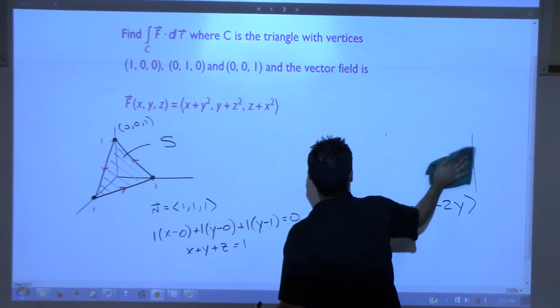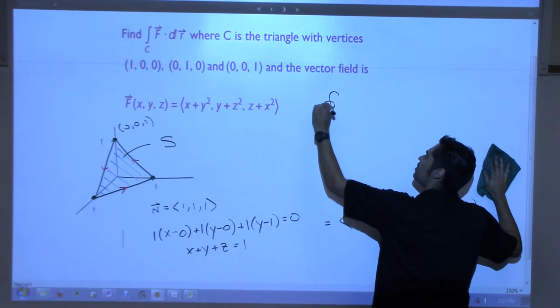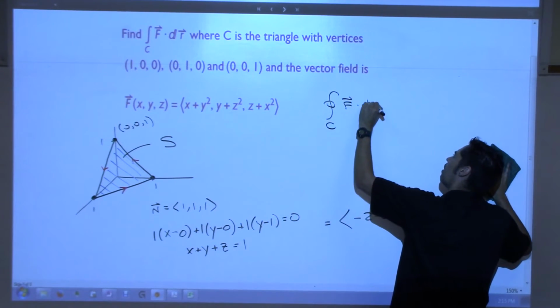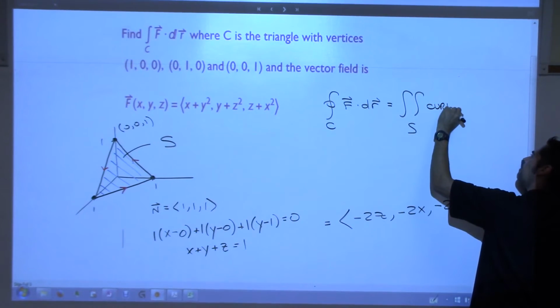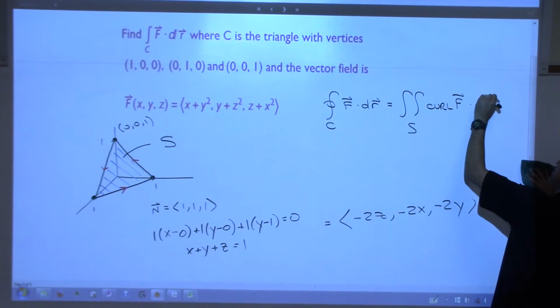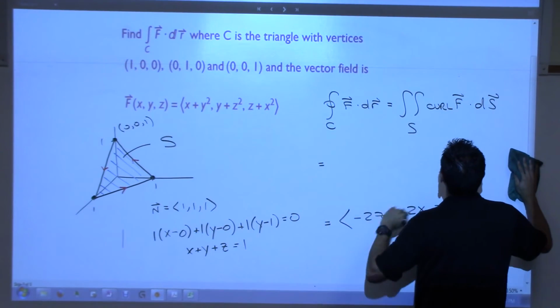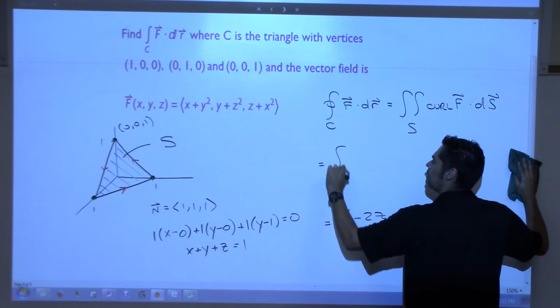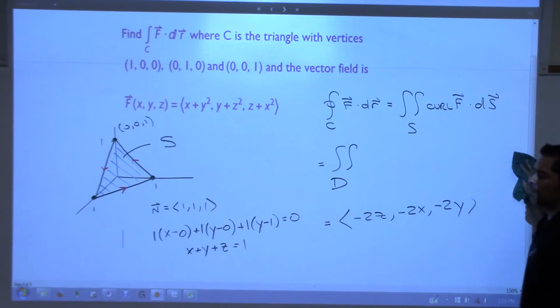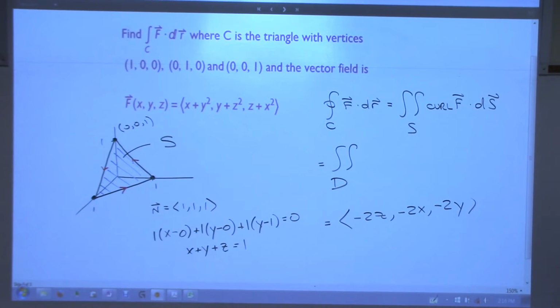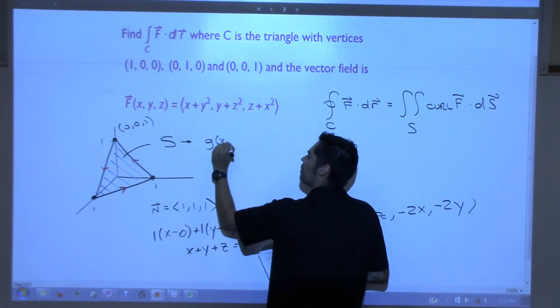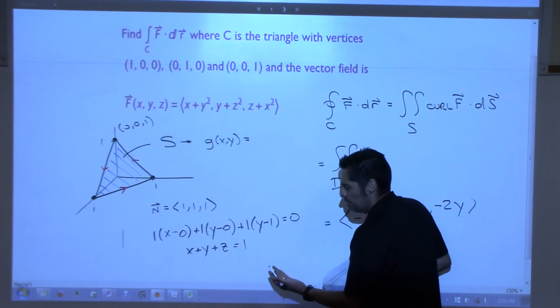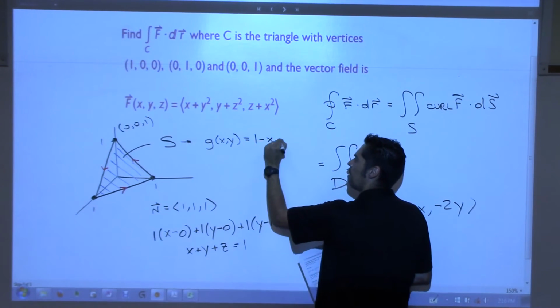So I'm doing the following. The line integral over C of F dot dr has become the surface integral over S of curl of F dot dS, but that has become a special case where I'm going to integrate over D, using a special formula from 13.7 when my surface S can be written as a function of two variables, which is 1 minus x minus y.